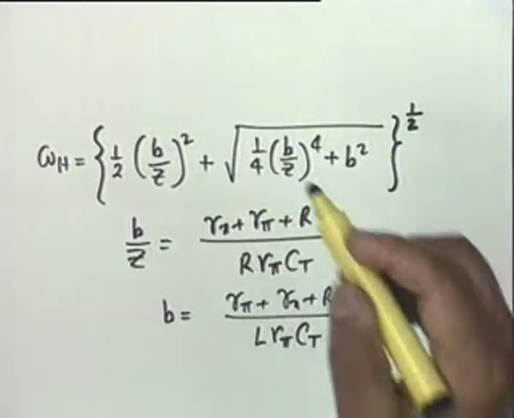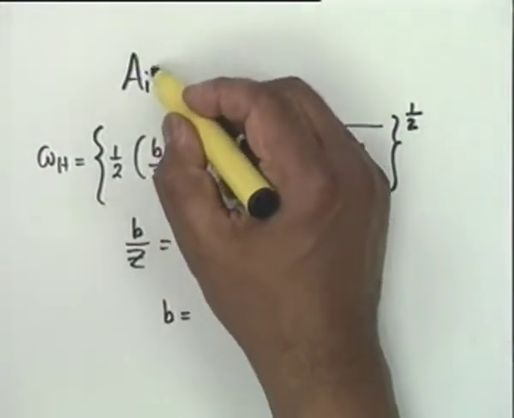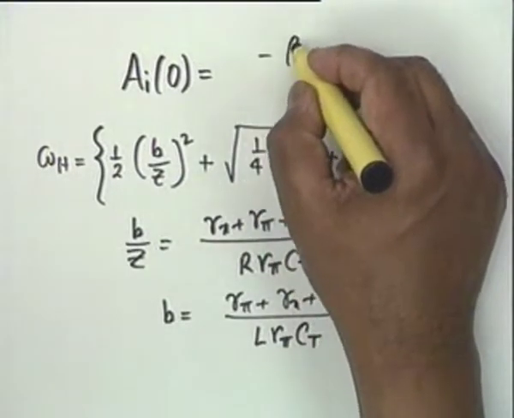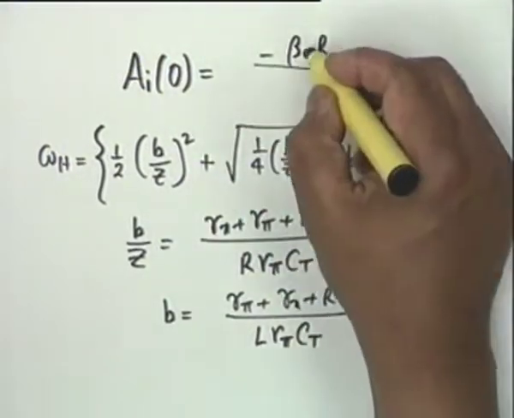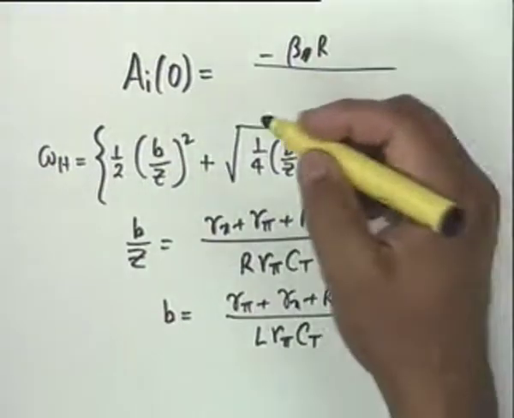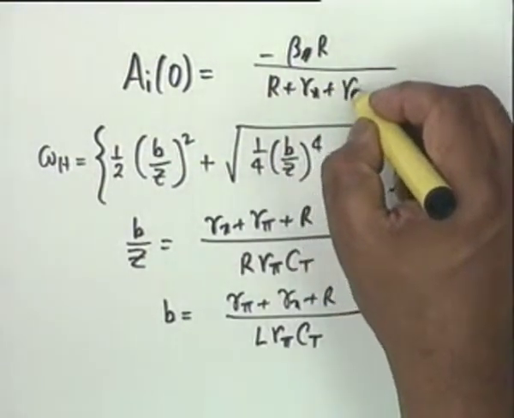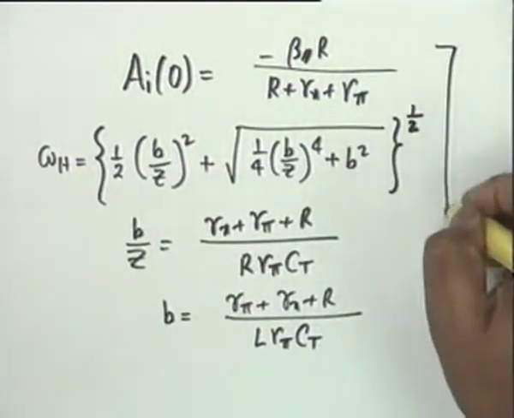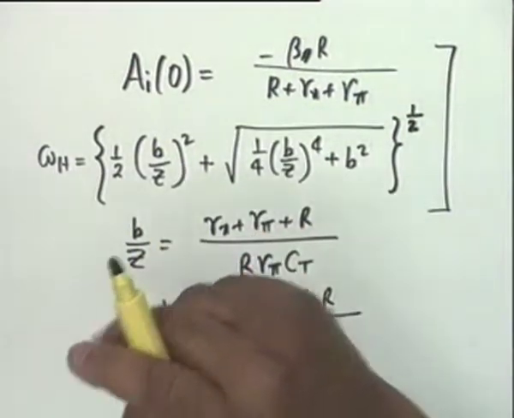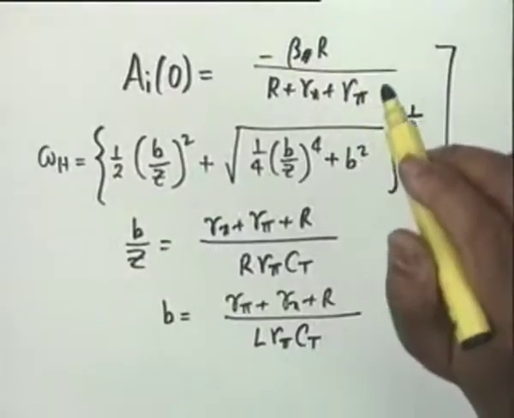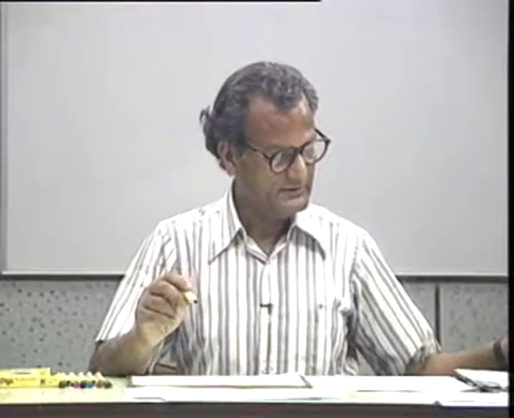So you can find out omega h, and the other equation that is required for design is ai0, which is equal to, as I already mentioned, beta 0 r, I'm sorry, I keep on writing beta 0, beta r divided by r plus rx plus r pi. These are the two equations that are needed for design of this amplifier for a given omega h and for a given mid-band gain. We will work out an example to illustrate this.